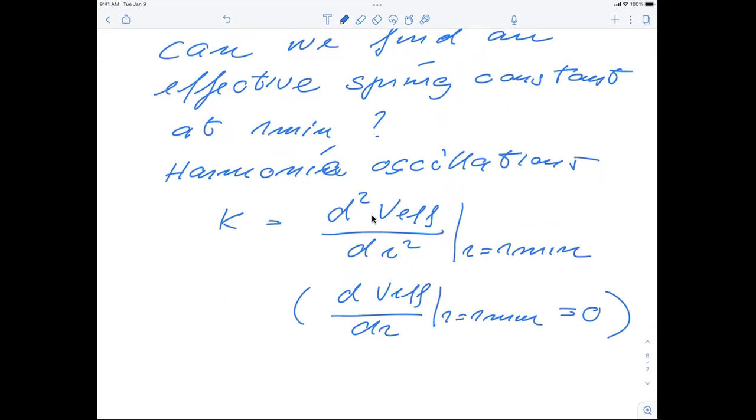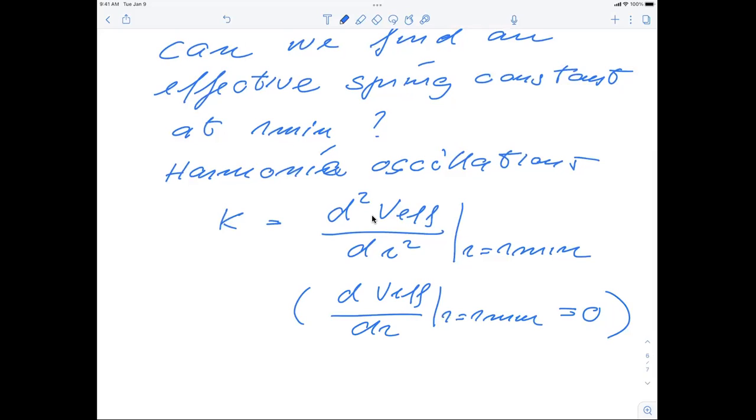Then we used the second derivative to define an effective constant. And what we did next, when we derived this spring constant, was simply to ignore higher order derivatives. We assumed that the potential is well described as a parabola, and that the higher order derivatives were negligible, and we just ignored them. And then we defined this constant, k.